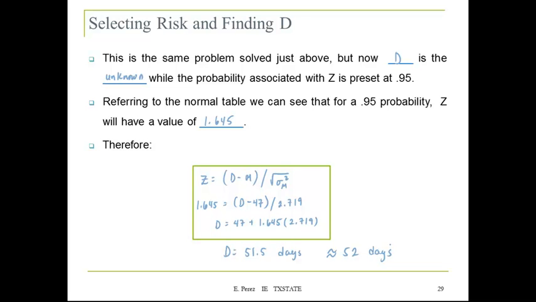So with 95% confidence, you can tell the client that you need 52 days to complete the project.